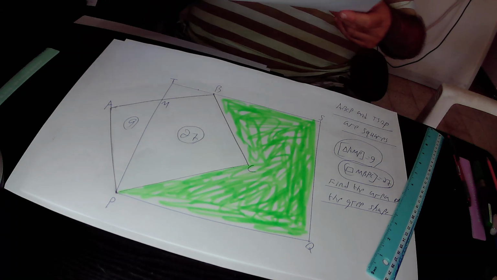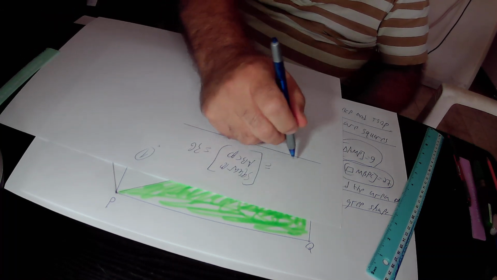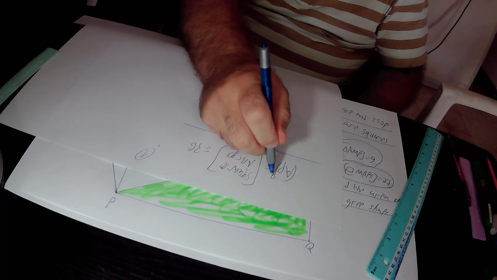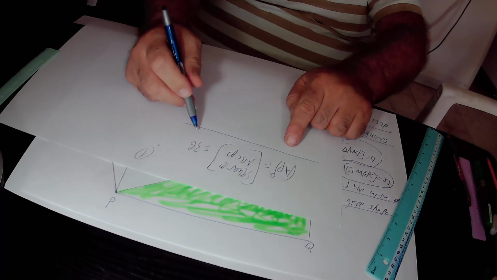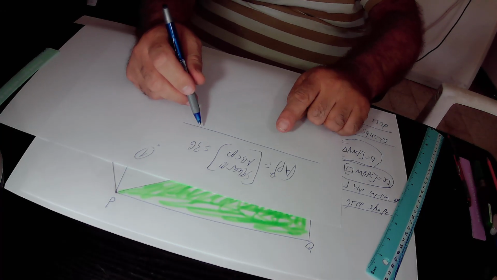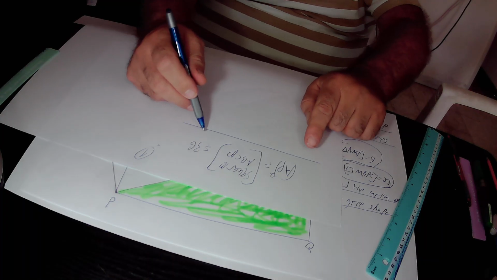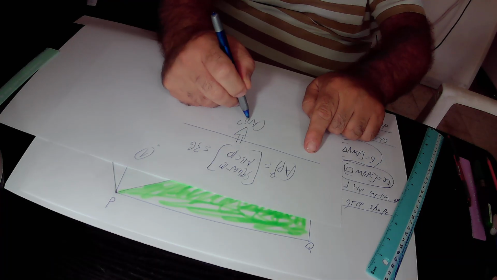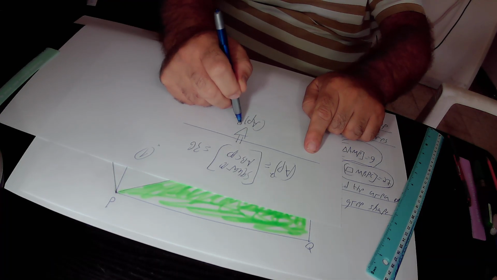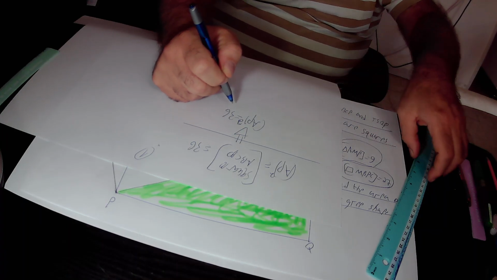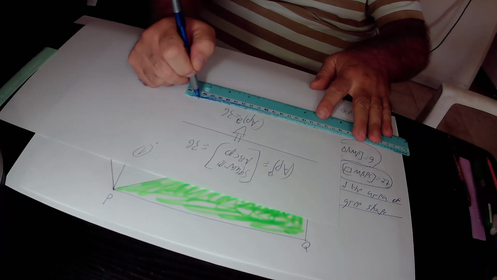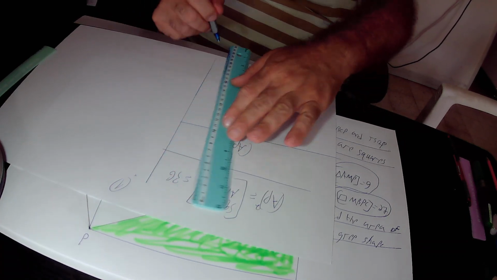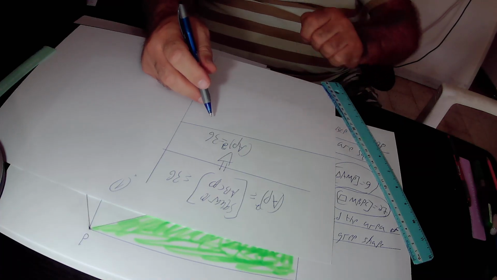So AP squared equals the area of square ABCP, which is 36.